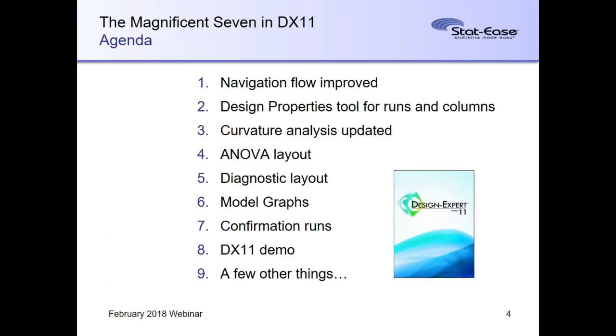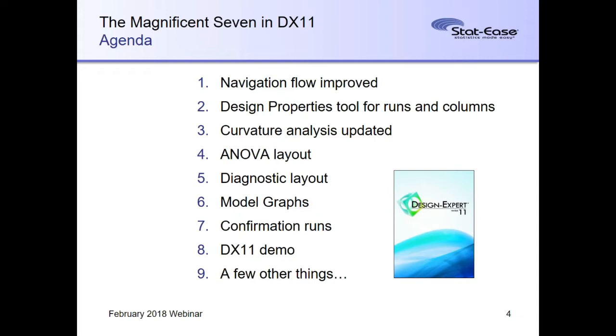We are going to look at how we've improved and updated the navigation flow. We are going to look at a new design properties tool, and I'm going to show you how the curvature analysis has been updated. We will look at the new format for the ANOVA and the diagnostics, and look briefly at the model graphs.